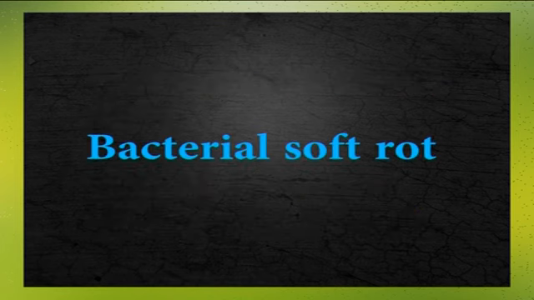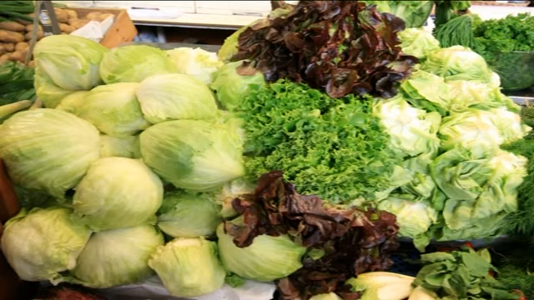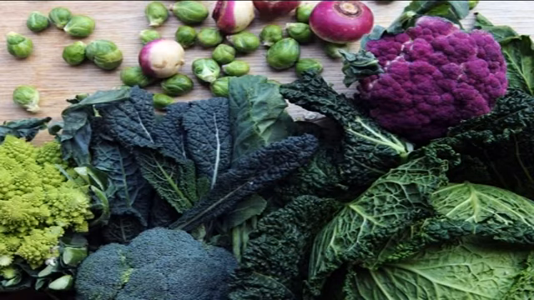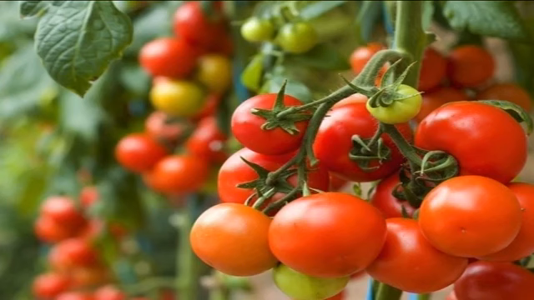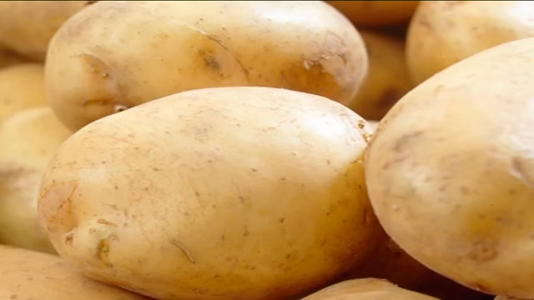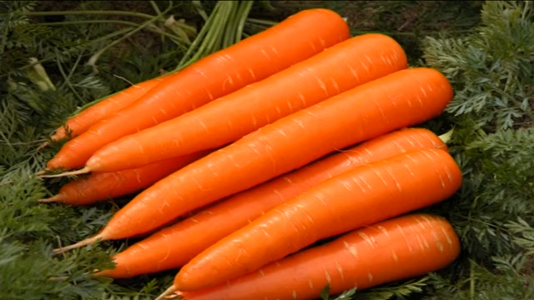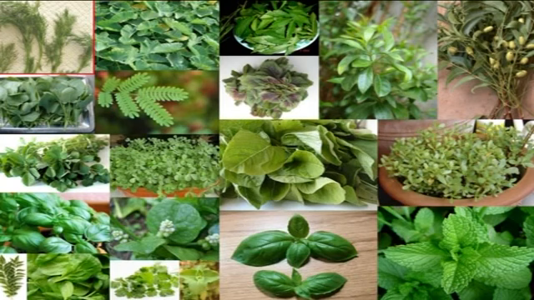The next disease is bacterial soft rot caused by Pseudomonas species and Erwinia species. They affect a wide range of vegetables including lettuce, brassicas, cucurbits, tomato, capsicum, potato, sweet potato, carrots and herbs.